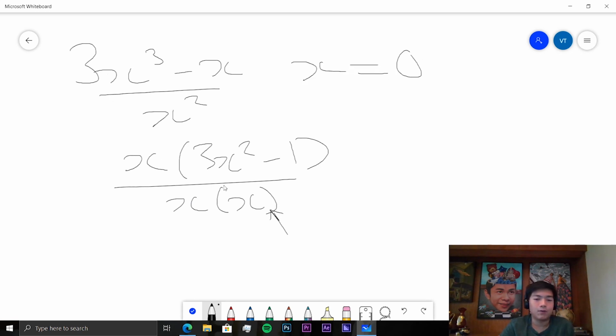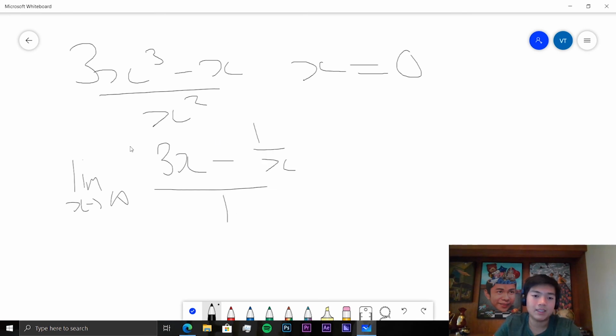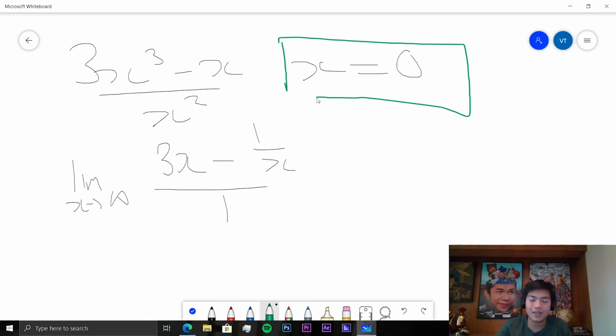Now we want to check for any horizontal asymptotes, but I don't think this function converges. Let's try and take the limit. The limit as x tends to infinity of this will be equal to, let's divide, 3x minus 1 over x over 1. And as you can see, this will keep on growing and growing as x tends to infinity. So there's no horizontal asymptote, and the only vertical asymptote is x equals 0.